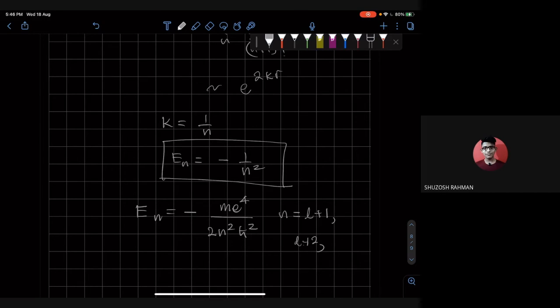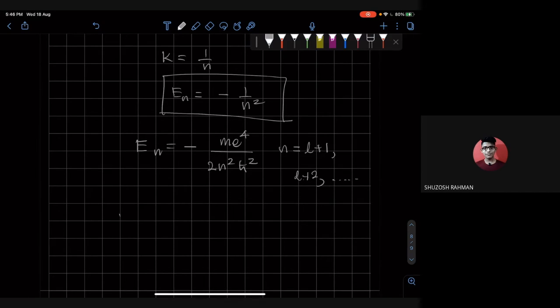So if I fix a value of n, then L will go from 0 to n minus 1.